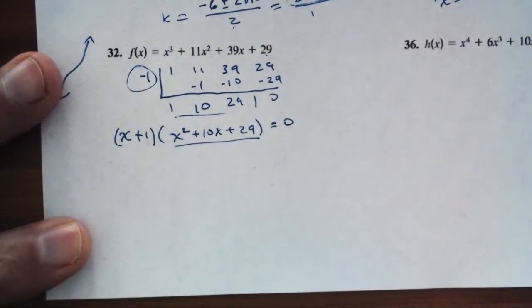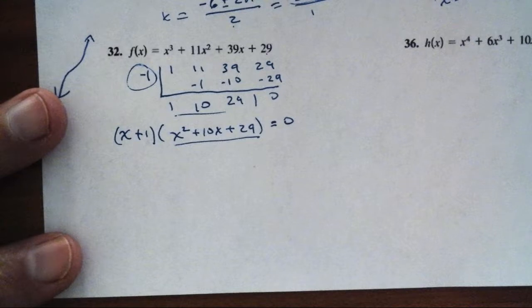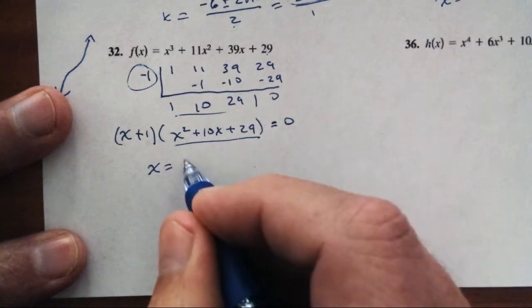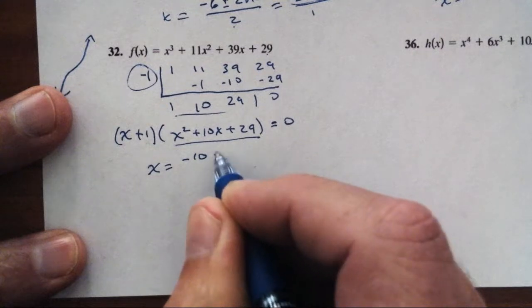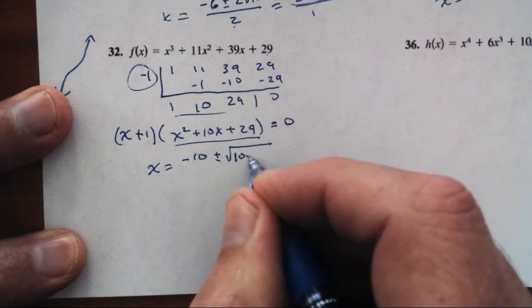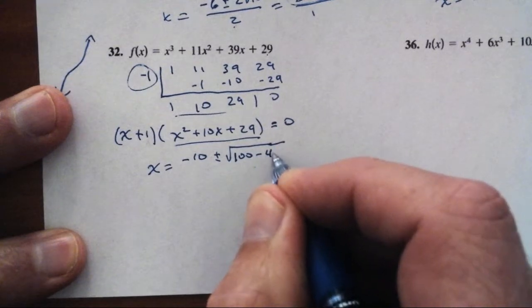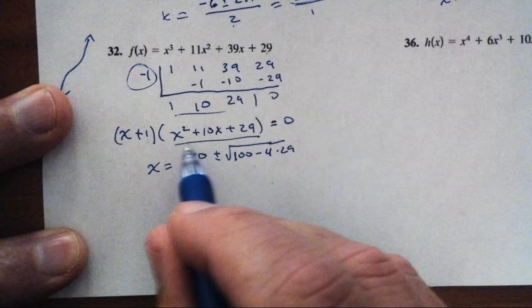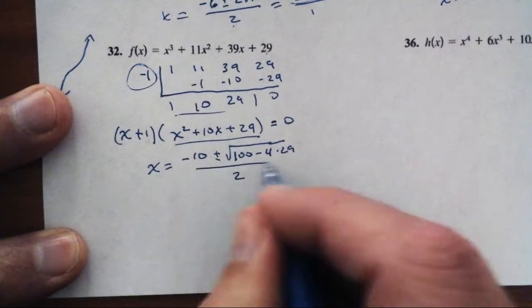So now I'm looking to factor this, but I can't factor. There are not factors of 29 that add up to 10. So x equals the opposite of b, plus or minus the square root of b squared, 100, minus 4 times a, 1, times c, 29, all over 2a.